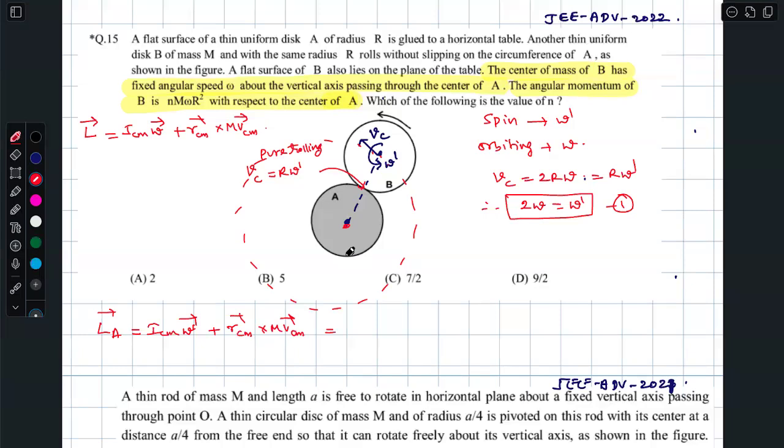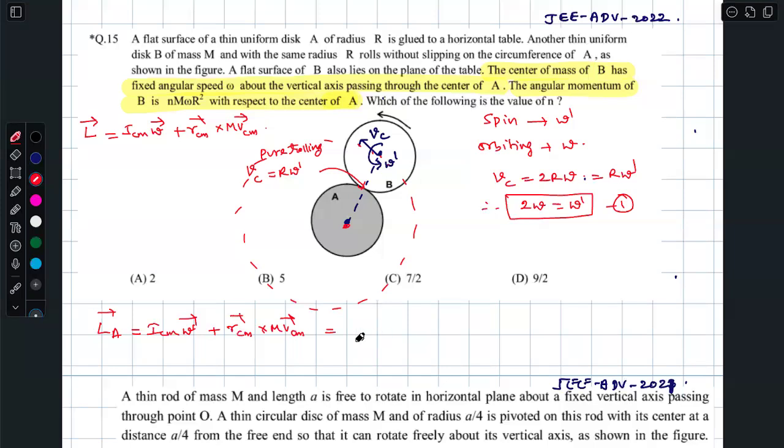Now the spin rotation, how is the direction of the spin rotation? Outwards, correct, Bhavana. So therefore you can write this as I_CM. What is this basically? A disk.